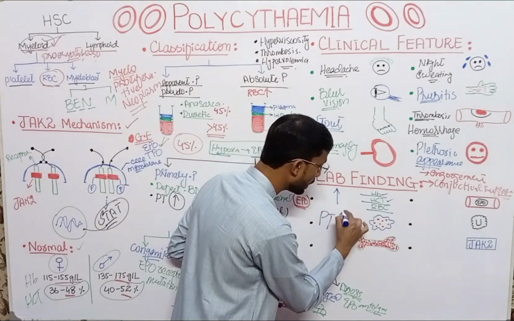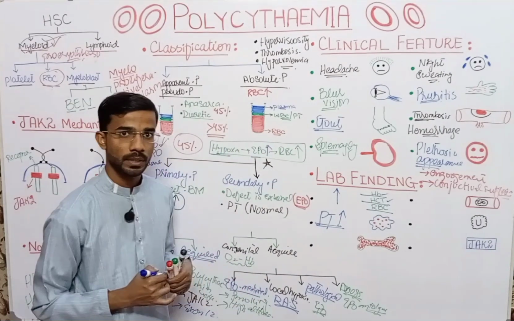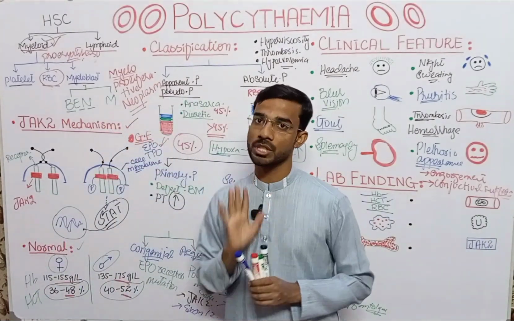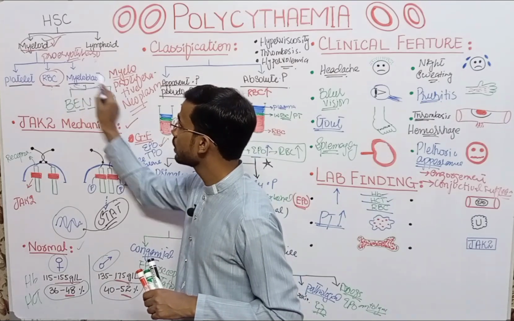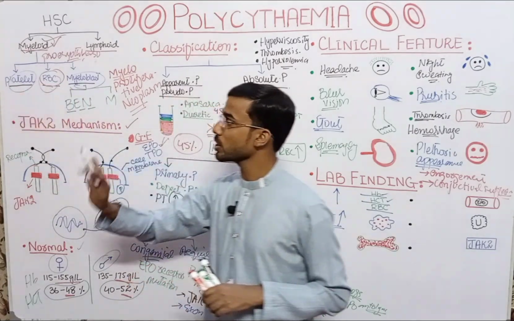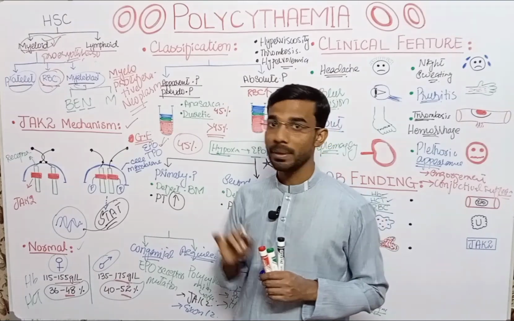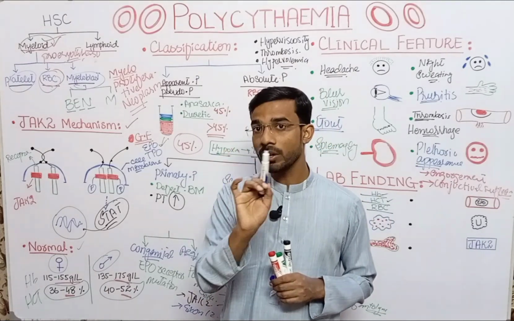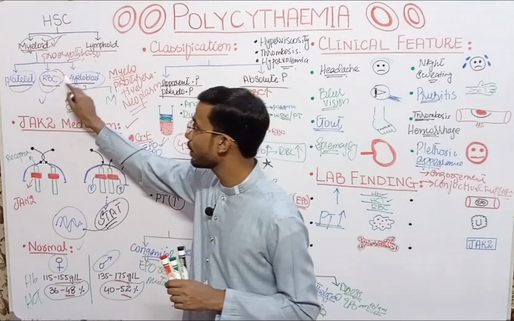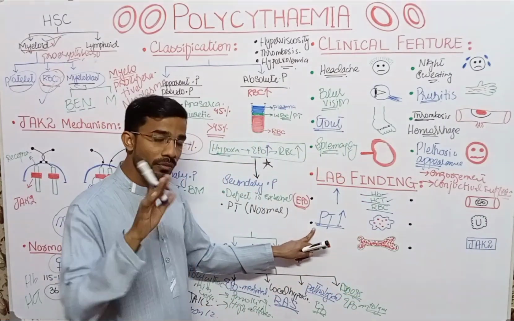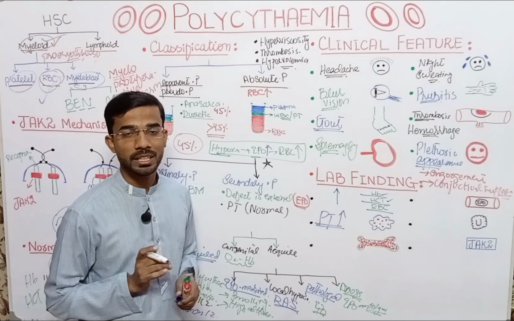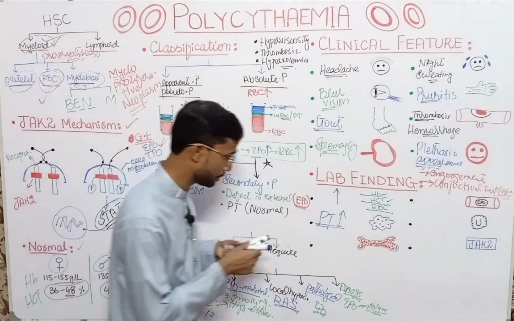Platelets increase. So keep in mind JAK2 mutation is very much important. In all these conditions, the JAK2 mutation is common, but the majority of JAK2 mutations happen in polycythemia. So along with polycythemia, you can also see an increase in platelet count.